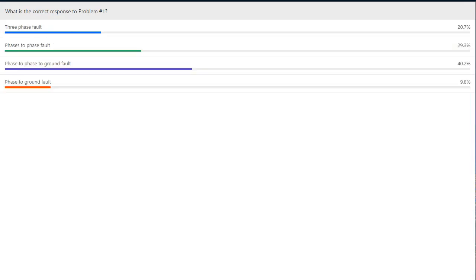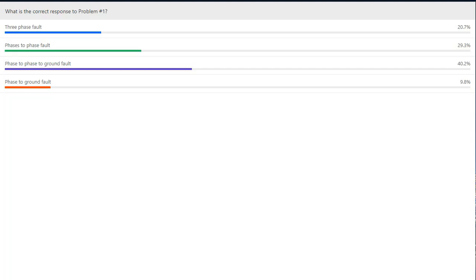Okay, most people, 40.2%, said it was a phase-to-phase to ground fault. Less than 10% refused to vote. That's great. Let's try to get it to 100% next time, but most people said it's a phase-to-phase to ground fault.